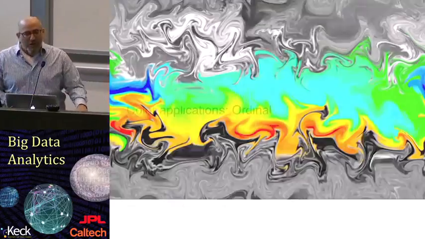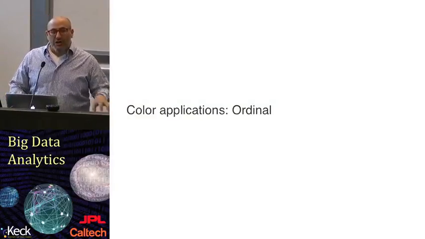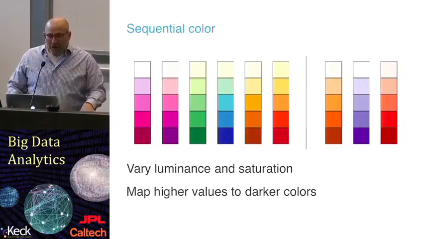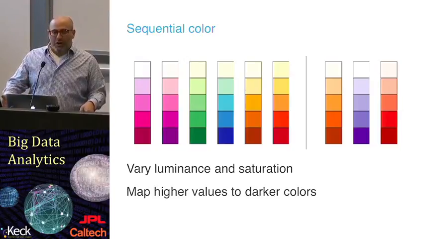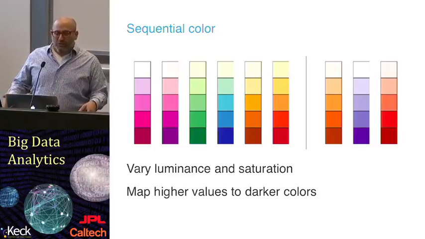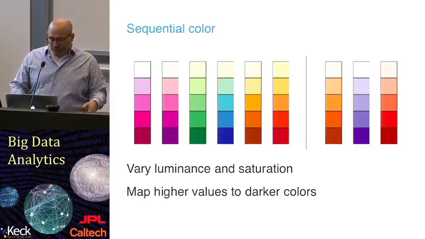So if you look at the way that color can be applied in an ordinal fashion, it's very useful to pick a single saturation, to vary luminance and saturation together, and you get these very nicely marked color scales, where what you're able to see very clearly are the demarcations between each of the different values.